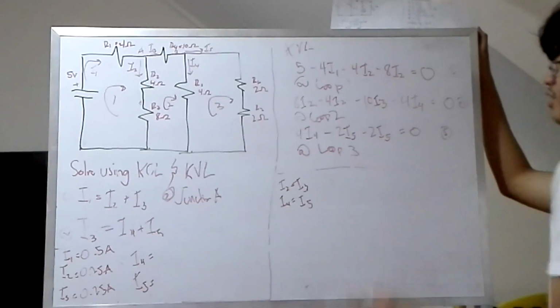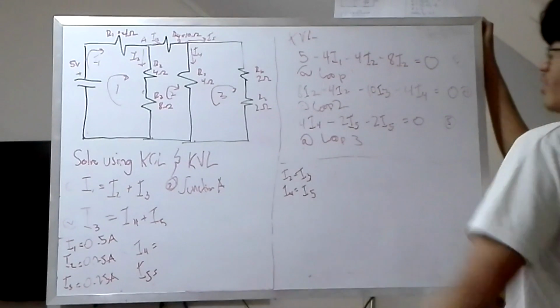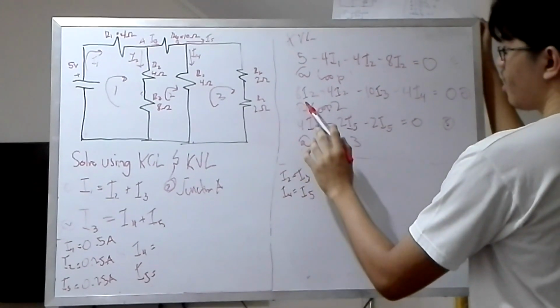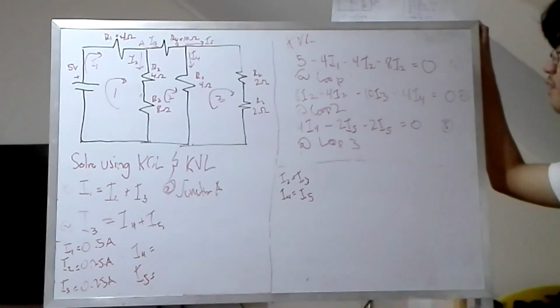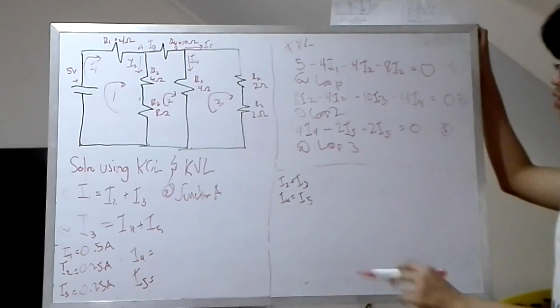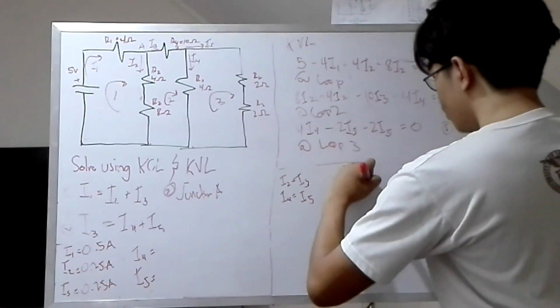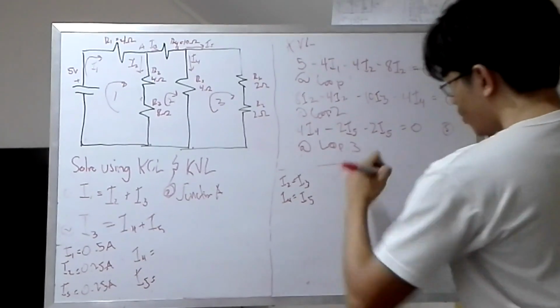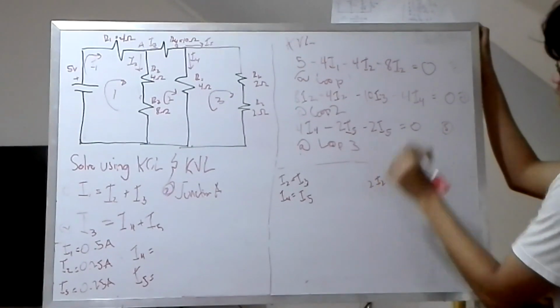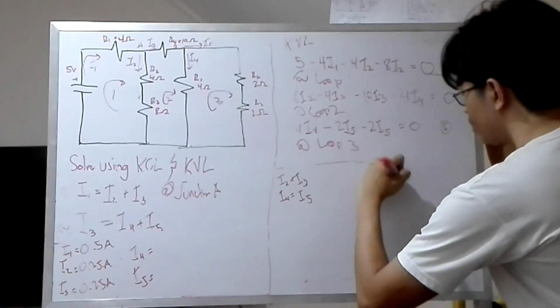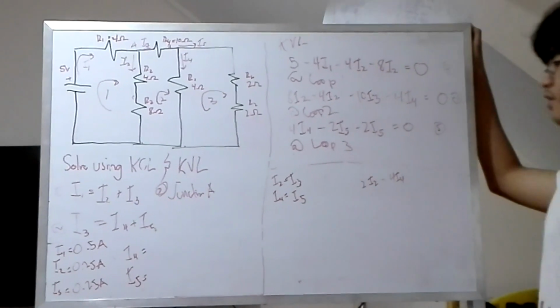We know that I2 is equal to I3, so we could add these terms together. We get 8 plus 4 is 12, minus 10 is 2. So you would get 2I2, which should be equal to 4I4.